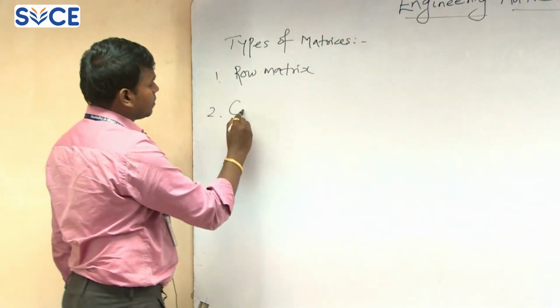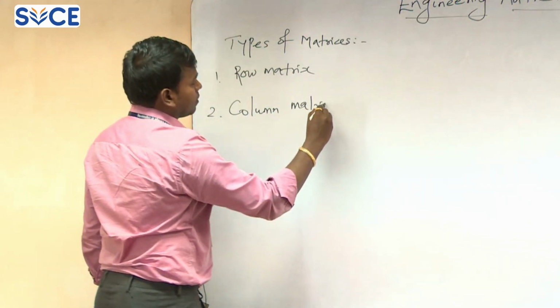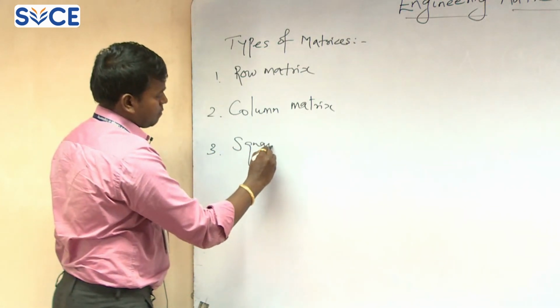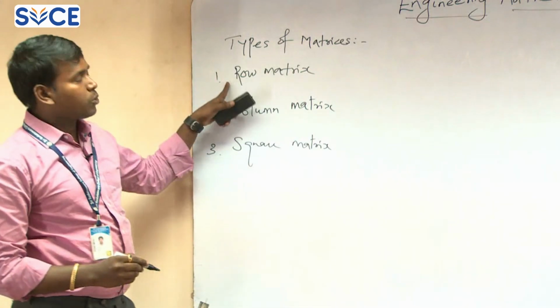Second one, column matrix. And third one, square matrix.